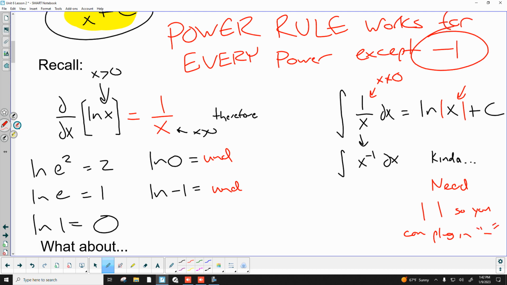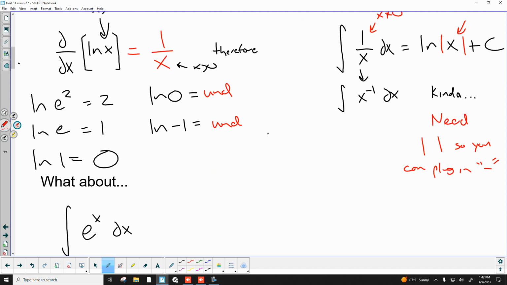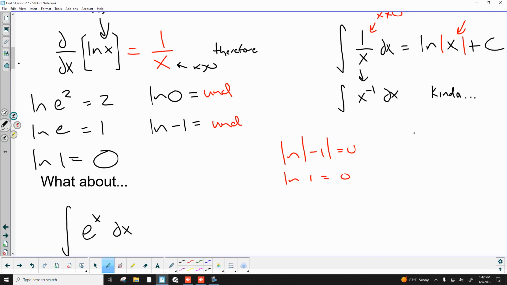Okay, so now I could ask you, what's the natural log of the absolute value of -1? Zero, because it becomes the natural log of +1, which is 0. I could ask you, what's the natural log of the absolute value of -e squared?